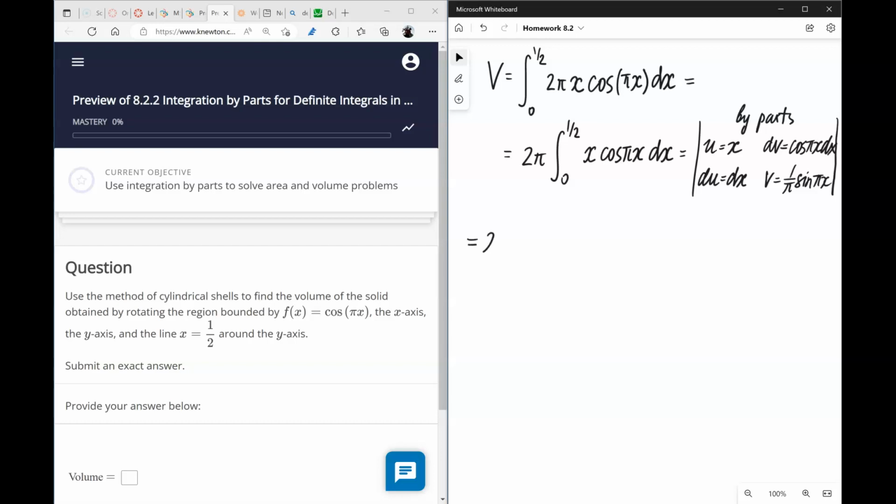So now we have 2 pi, which is outside of the integration process, and here we have uv, so 1 over pi x sine of pi x, evaluating it at 0, 1/2, minus integral from 0 to 1/2 of v du, so we have 1 over pi sine of pi x dx.